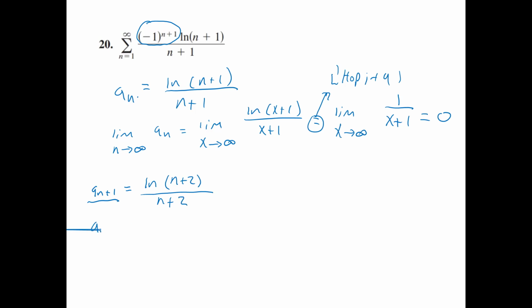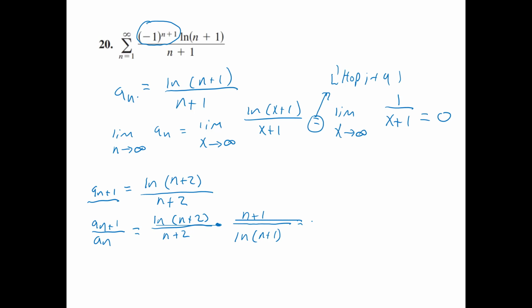So that means the ratio of a sub n plus 1 divided by a sub n will be the natural log of n plus 2 over n plus 2, times the reciprocal of a sub n, which will be n plus 1 over the natural log of n plus 1.